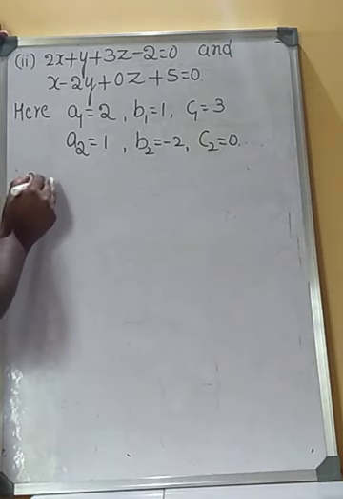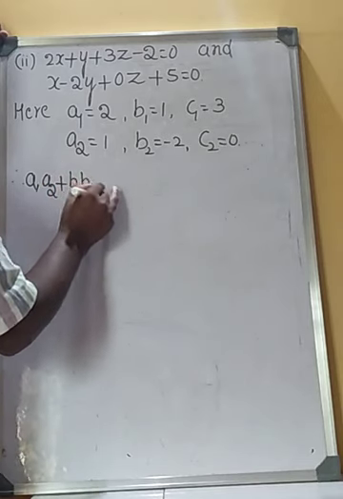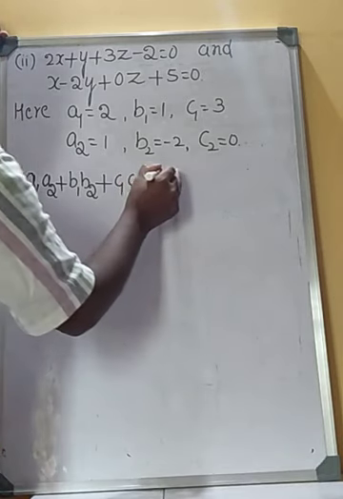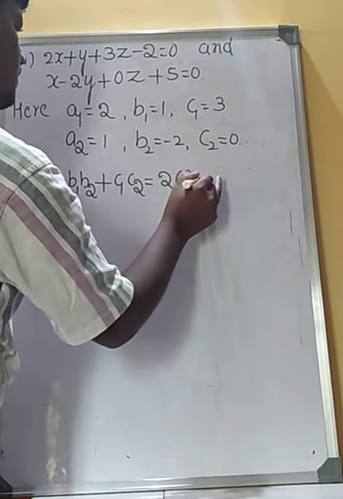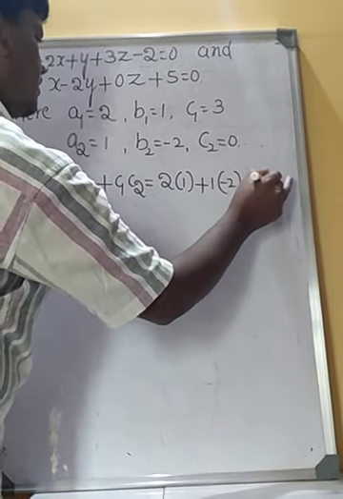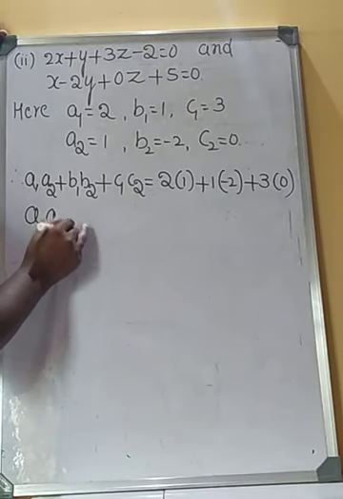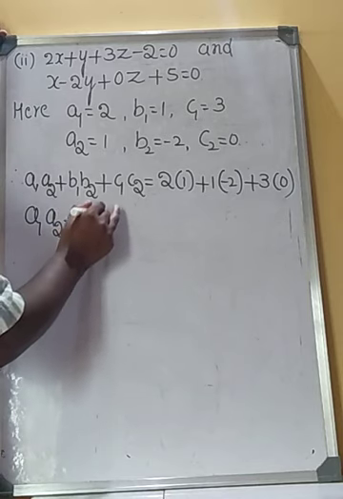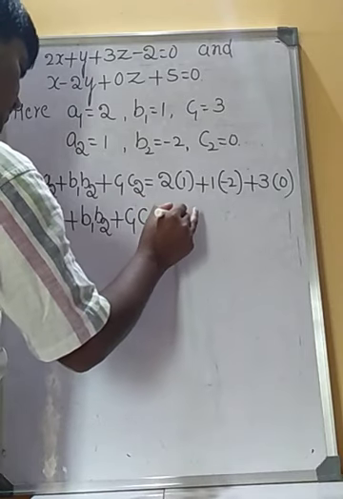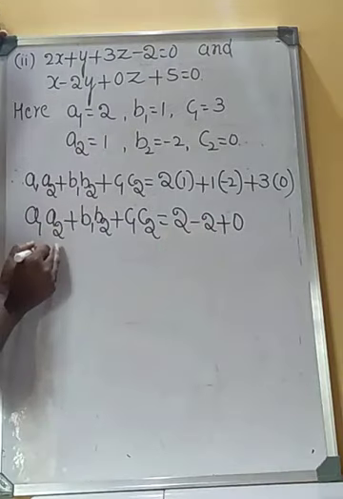Therefore, a1 a2 plus b1 b2 plus c1 c2 equals 2 into 1 plus 1 into minus 2 plus 3 into 0, which is 2 minus 2 plus 0.